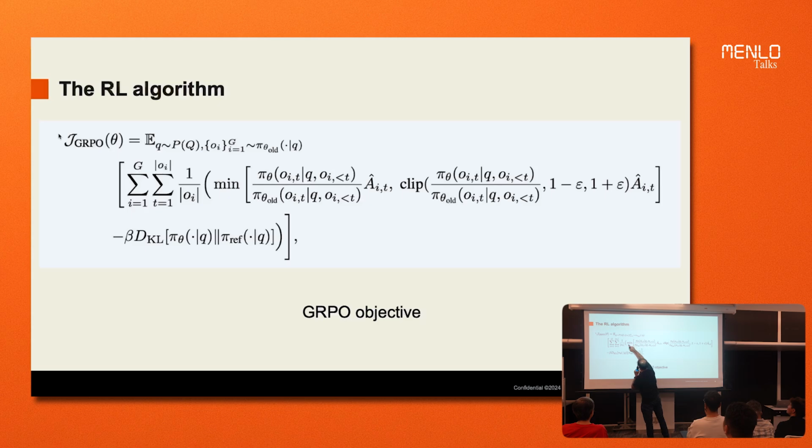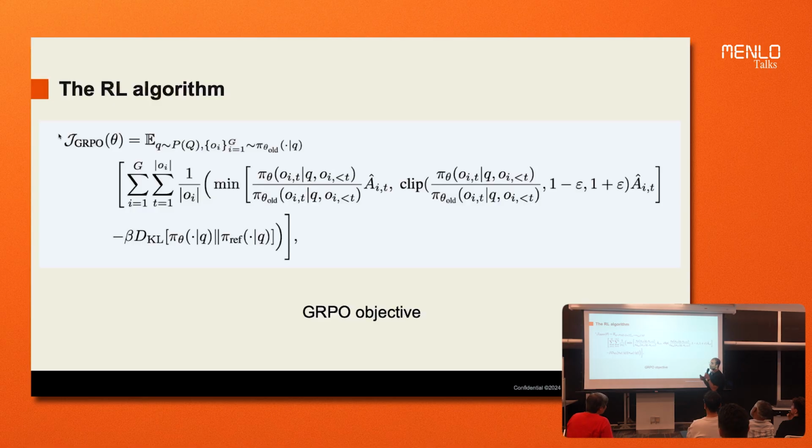And this is minimized against a clipped term, because if the model wants to choose this token with a likelihood that is 3 times more than the previous likelihood, it means the model is super confident that this token is the right choice. We want to restrict this confidence. We want to clip it between two thresholds.